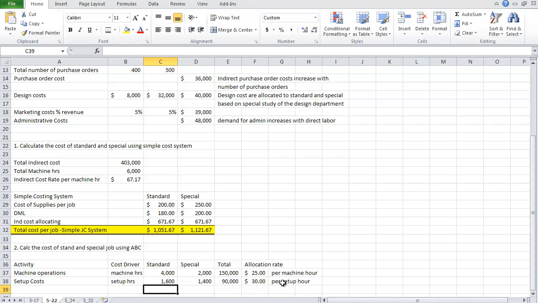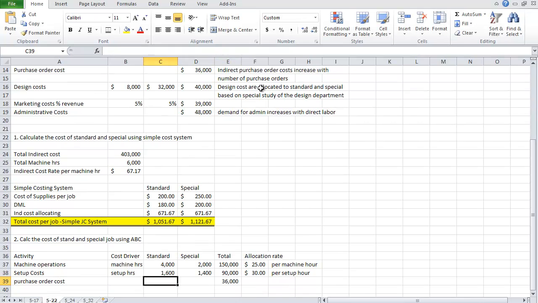So the next thing that we need to take a look at, according to our costs that we were given, is our purchase order cost. We are told that they are $36,000. It tells us that it increases with the number of purchase orders. So our driver becomes the number of purchase orders.